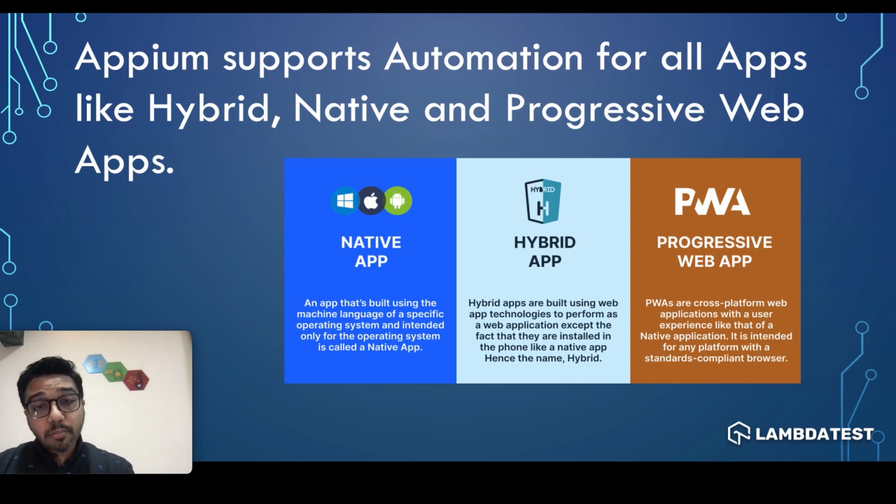Some examples of native applications are like your Facebook. Facebook is your native app. But what happens in hybrid applications? In hybrid applications, there is no platform specific language. In fact, they use normal web app technologies, meaning your CSS, HTML.